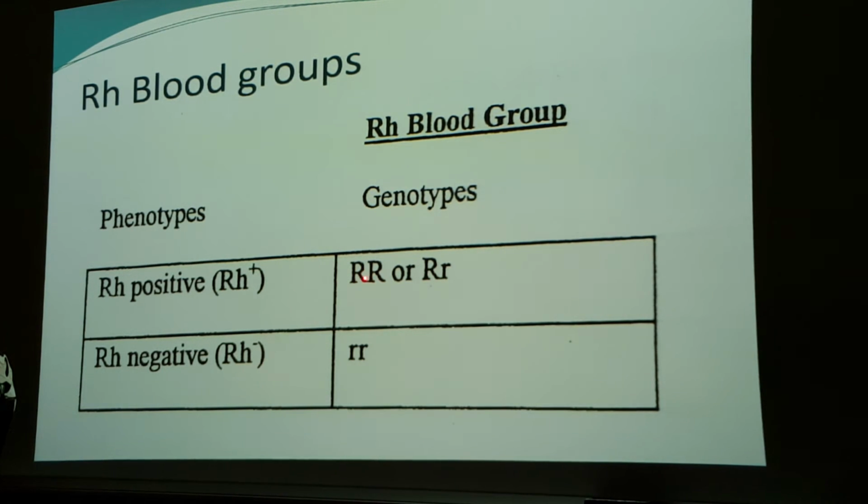If the father is this one, then there's a huge chance, about 100% as I recall, that the fetus will be Rh positive. Whereas if the father is this one, there's not 100% chance. And of course, Rh negative is basically having the absence of the gene for that Rh antigen.